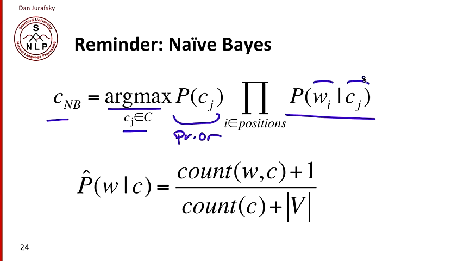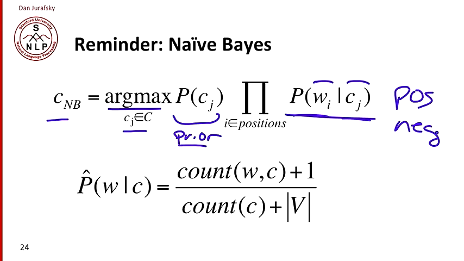So how likely are we to see a positive movie review, times for every position in the document, how likely is that word to have been expressed by a positive movie review. And the same for negative, and we pick whichever one, positive or negative, has highest probability. Or if we're doing neutral as well, we could have 3 classes.